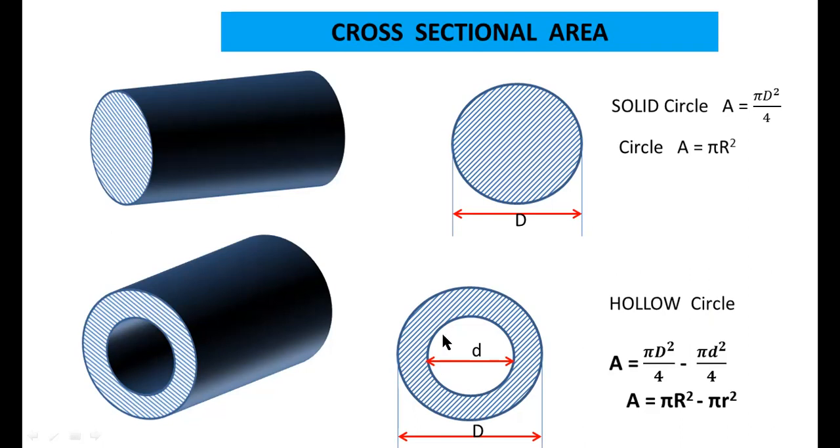Here the inside circle is a hollow portion, so you have to subtract this hollow portion from the outside solid portion. That's why I am considering negative sign. Okay, you have to subtract this inside circle because it is hollow. So this is the formula for hollow shaft.